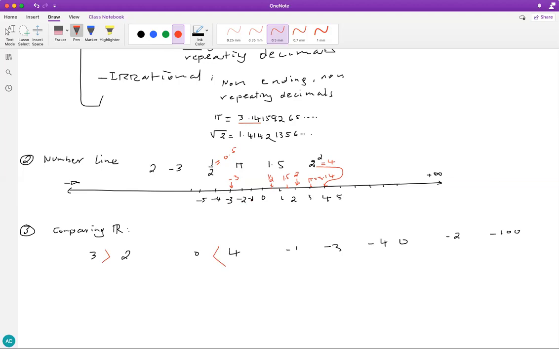The numbers on the right are always higher. So -1 is actually greater than -3. It may look smaller, but it's a negative. So what's better, losing $1 or losing $3? You say it's probably better to lose $1 than lose $3.